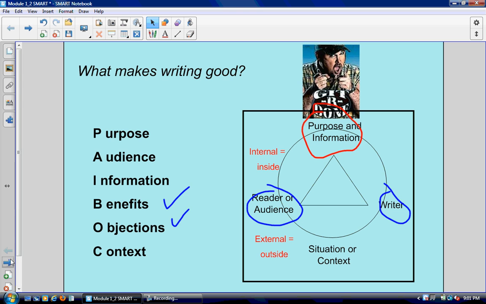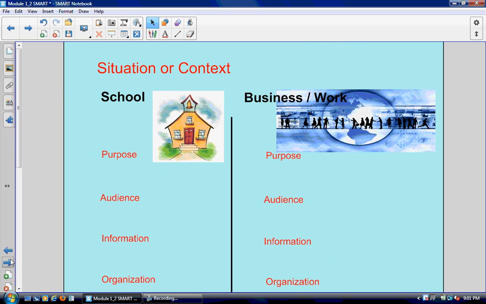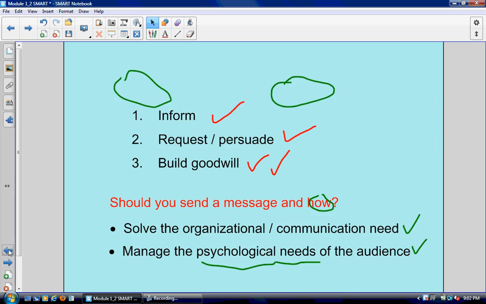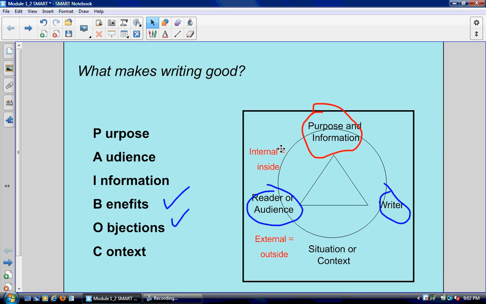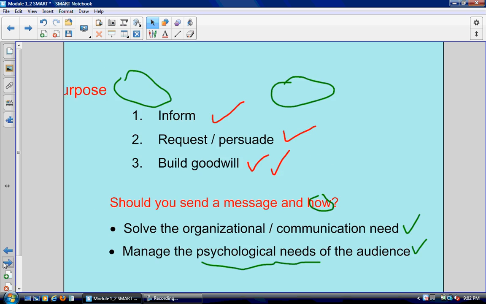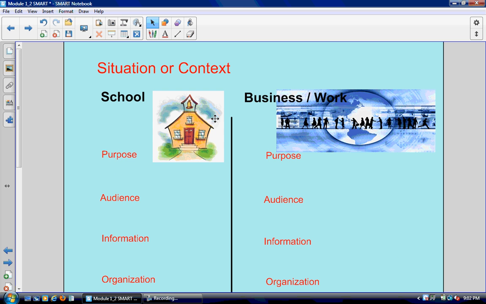Okay. In terms of then the other big part of that, purpose, audience, and then the situation or context that this message is occurring in, we want to think about how the business or work context is different than the academic or school context. Most of us have written for school.